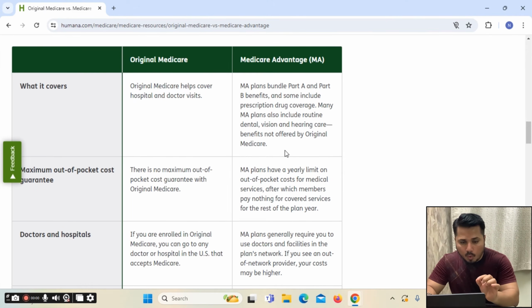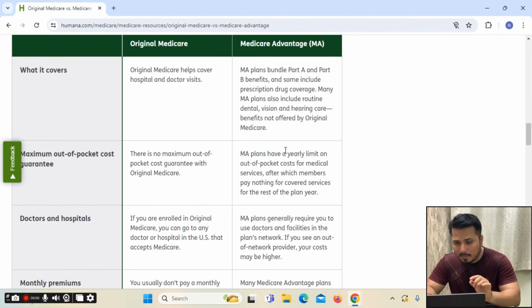Now here, what it covers. Original Medicare helps cover hospital and doctor visits. Medicare Advantage plans bundle Part A and Part B benefits, and some include prescription drug coverage. Many MA plans also include routine dental, vision, and hearing care benefits not offered by original Medicare.